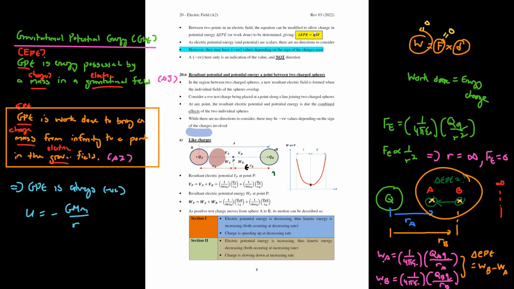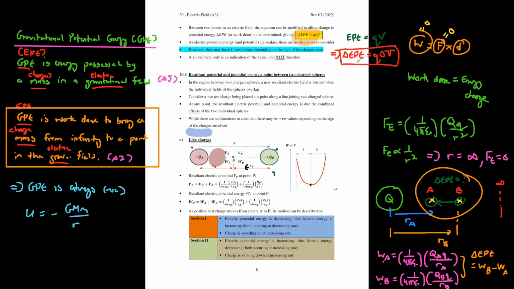Another equation you can use is this one, okay? Just now I mentioned to you in the previous page that EPE is actually QV, isn't it? So this equation can be modified to become change in EPE equals Q times delta V.